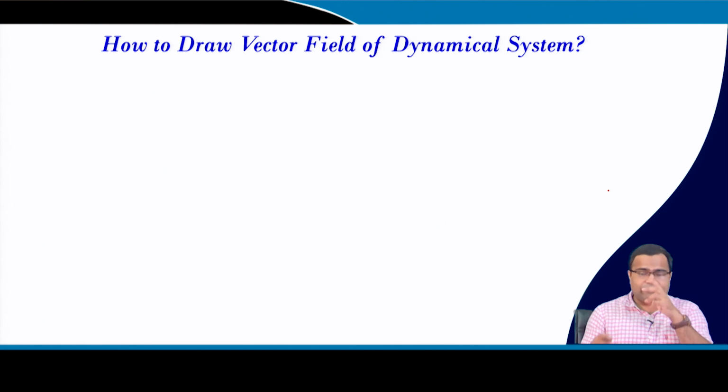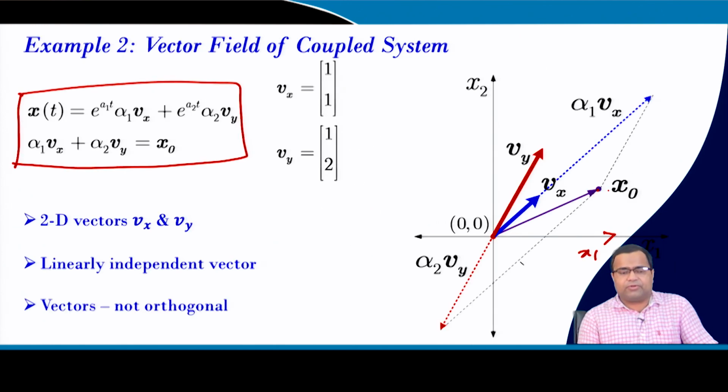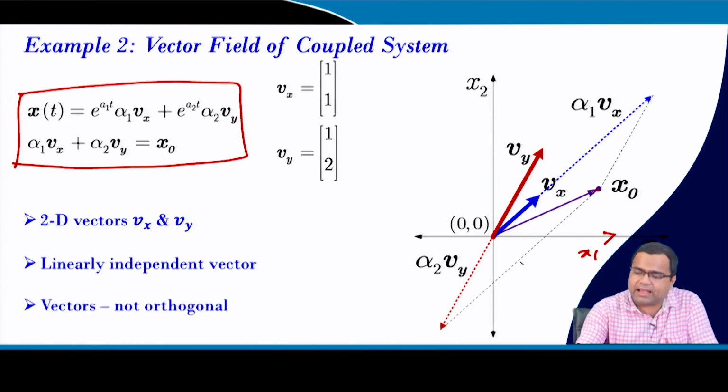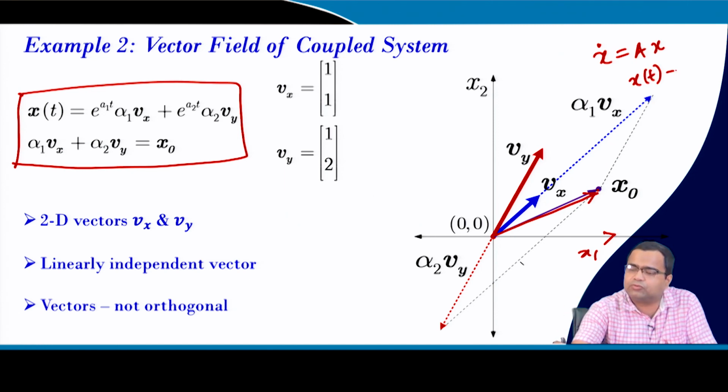So now how to draw the vector field? Whatever we have drawn here is just the initial condition, right? If you take x dot equal to Ax, we generally get x of t to be e to the power At into x0.